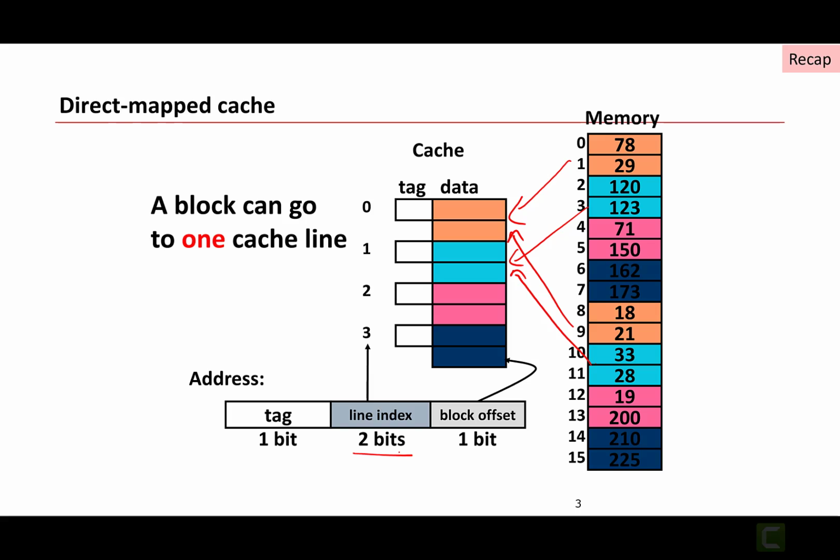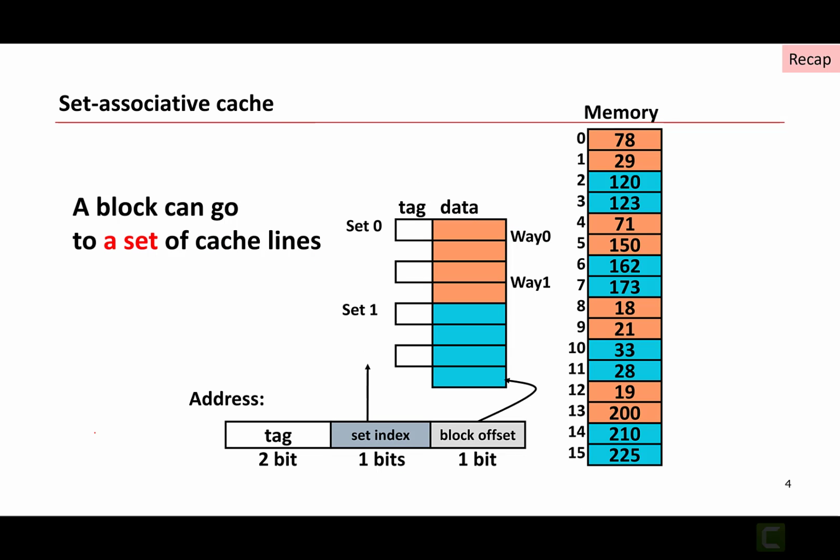Another way to think about it is each cache line is really part of a set, and the line index or the set index is selecting which set to store that cache block in. Again, a set in a direct mapped cache has exactly one cache line.